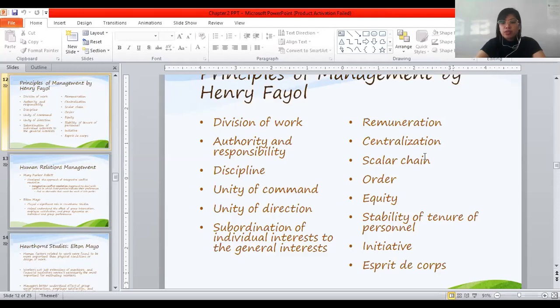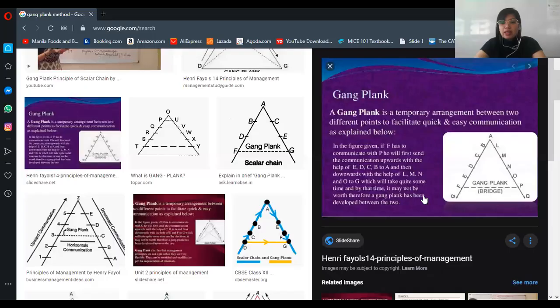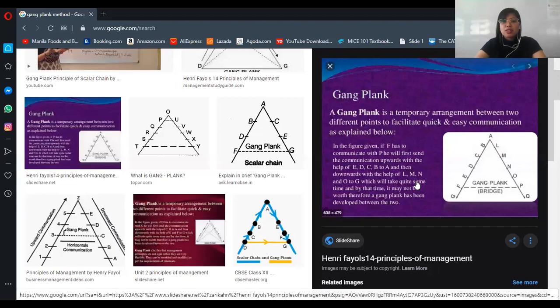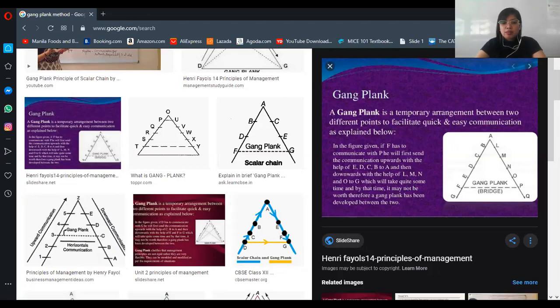So let's focus on the scalar chain. So pag sinabi nating scalar chain, okay, when we see scalar chain, no, so this is connected to the Gangplank method. So let's first have the scalar chain. Okay, before the Gangplank. Okay, wait lang po.